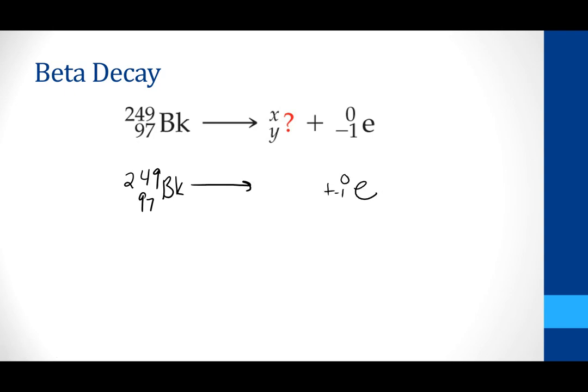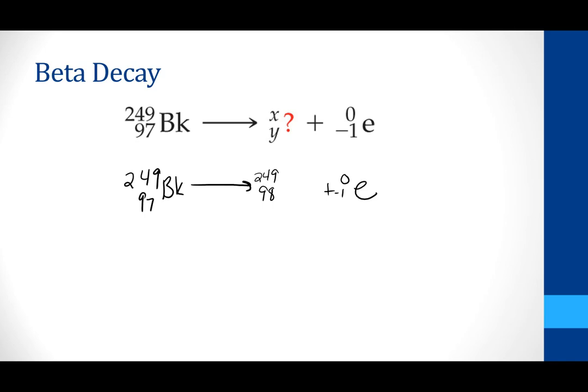All right. So what do we know about beta decay? Well, we know for beta decay, the mass number is not going to change. So I still have 249 up here. In beta decay, remember that a neutron becomes a proton. So if a neutron becomes a proton, this 97 is going to go up to 98.